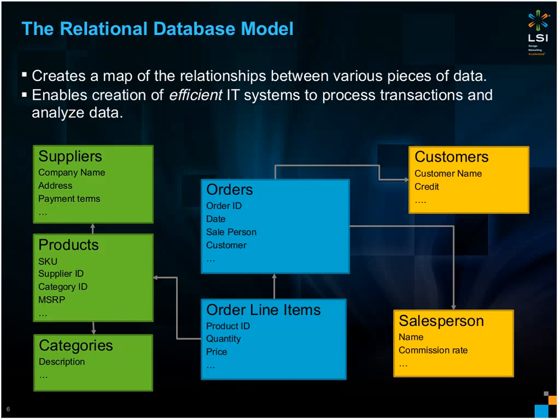At a high level, a relational database really creates a map of relationships between the various data sources or pieces of data. Of course, manufacturing production needs to understand the suppliers that they're dealing with and the products and SKUs and supplier IDs and all bits and pieces of data to help set up the supply chain. There are all different types of categories, and that has to be connected to orders.